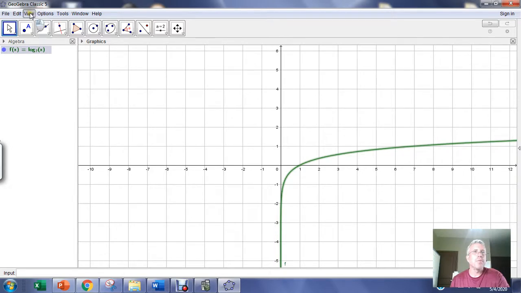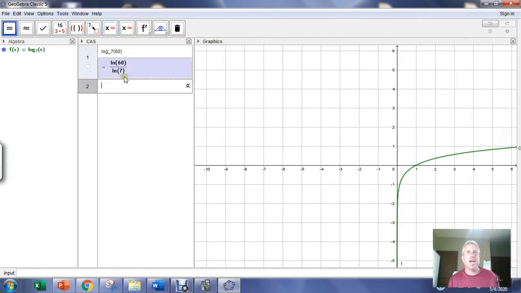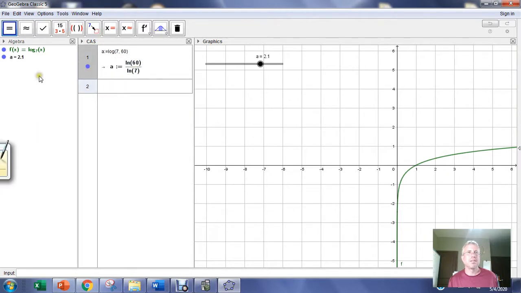So if I'm going into my view, my computer algebra system, if I wanted to know log base 7, I could go underscore 7 of 60. You can see it automatically did a change of base on it. And if I click that little circle, it's going to throw the approximation over here into the window for me.